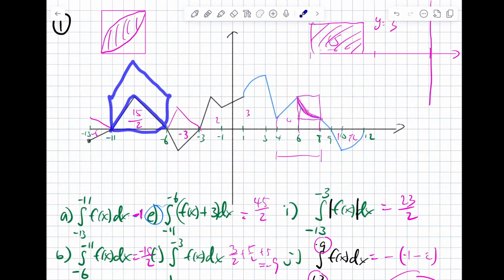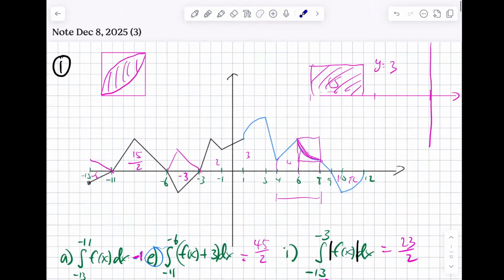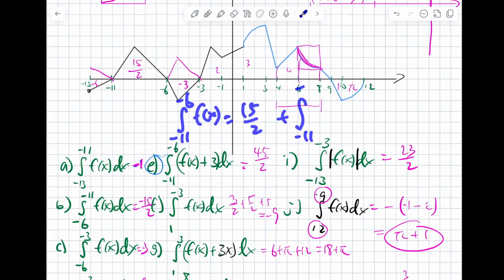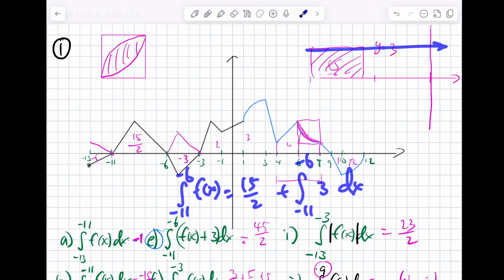So we are looking for this area on the curve. This is one way to look at it. So you have to add this 15. Why add 15? Because your whole graph shifts up by 3. Another way to look at it is, can I do this separately? Can I do that as the integral from -11 to -6 of f of x? We know that equals 15/2, but it's adding the integral from -11 to -6 of 3 dx. 3 is a horizontal line, so this horizontal line from -11 to -6 is going to give you a y value of 3.